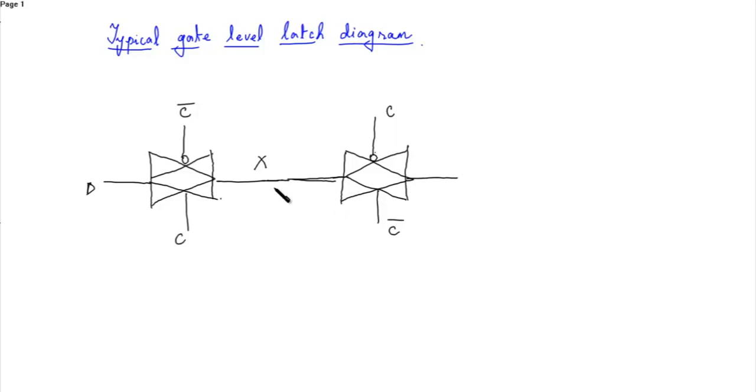So as discussed, this will turn on when C is equal to 1, and this will turn on when C is equal to 0. So we'll have a buffer over here that is connected after this first transmission gate.